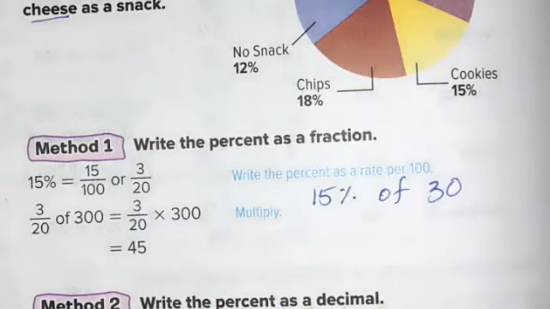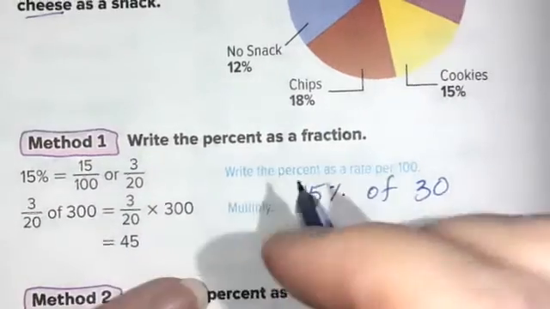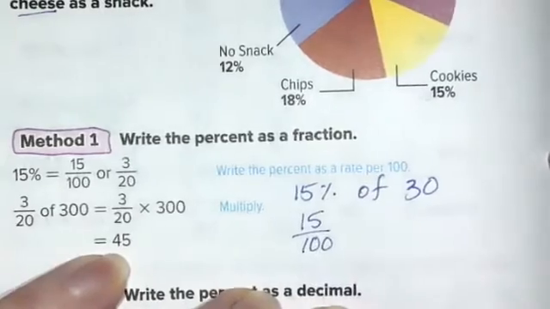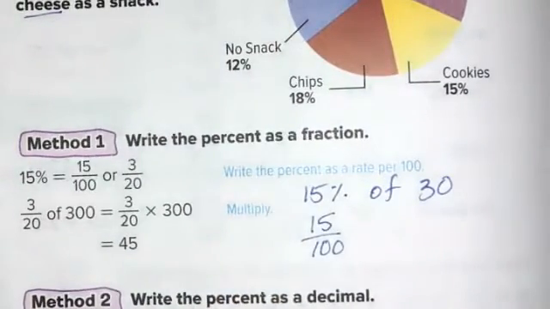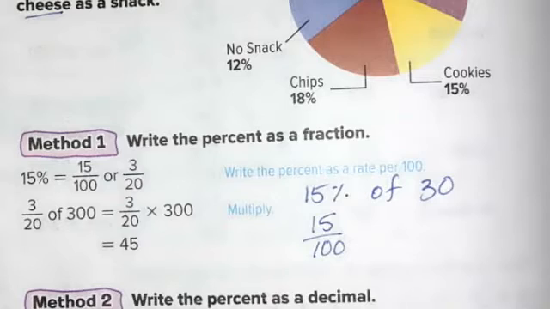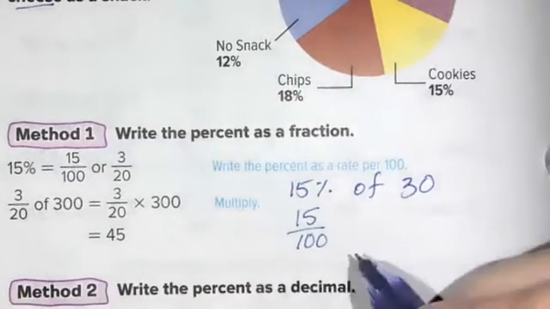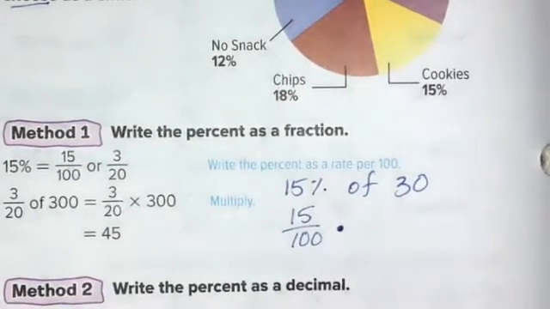So 100 cents in a dollar, 100 years in a century, 100 centimeters in a meter. So 15% means 15 per 100. Of means multiply. In math, of means multiply. If I said half of 10, you would do 1/2 times 10 and you would get 5. So remember, of in math means multiply.